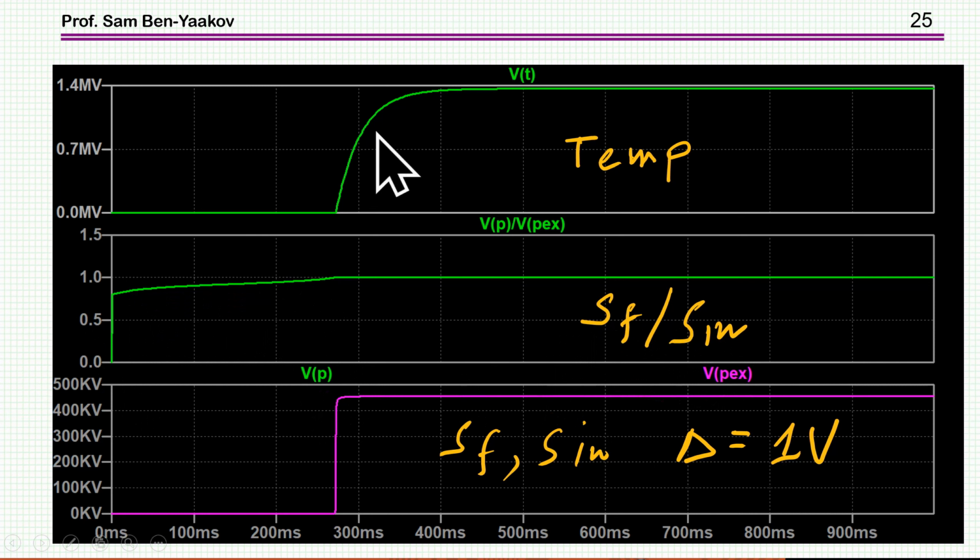And this is the temperature. Now, obviously, at this point, we have a runaway. That is, we had a constant voltage. Temperature was rising. I don't see it here because of the scale. And then at one point, the gain approached 1. And then, of course, the system became unstable. And there is a runaway here.